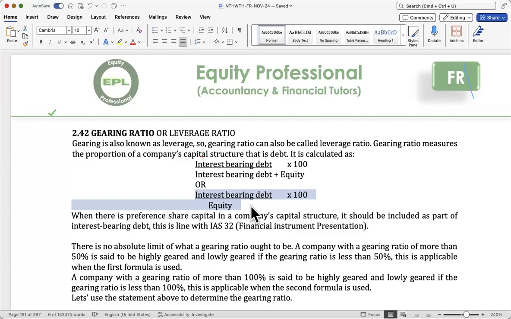Because it's a financial liability, if you remember, which gives you a contractual obligation to deliver cash. If you don't deliver, it's contractual. They can bankrupt the company. They can put the company under receivership and say, this guy doesn't have the ability to pay anymore. Let's put him on receivership. They will shut down your company. That's a financial risk: the risk that you might not meet up with interest and principal.